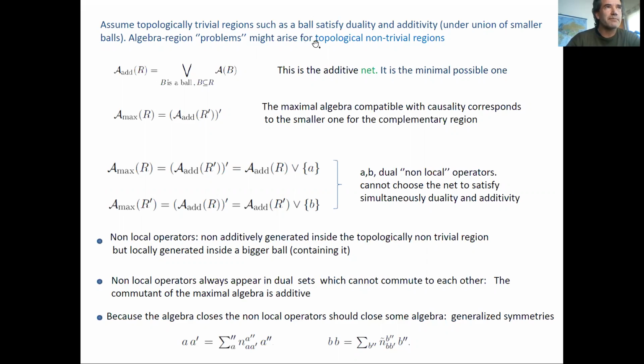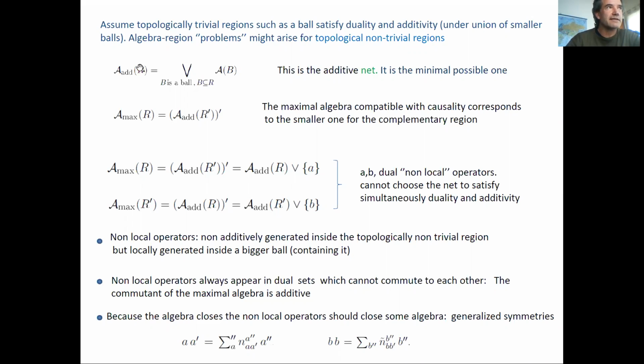But that could be violated for topologically non-trivial regions. This is an assumption here. So suppose that you have a topologically non-trivial region and something different happens there.